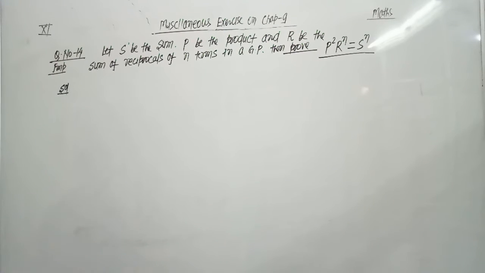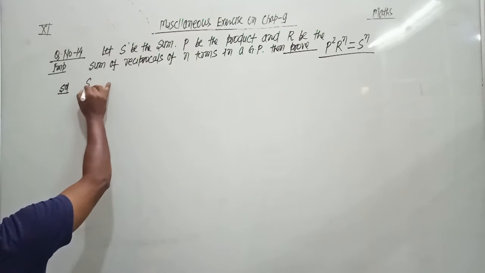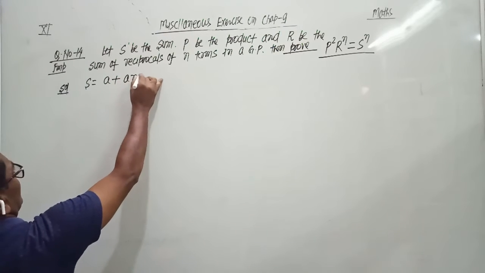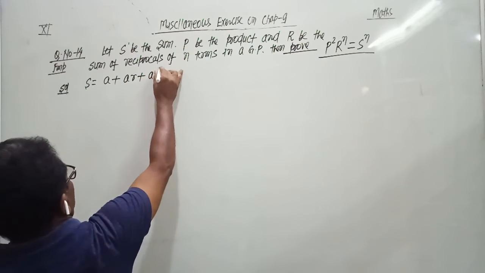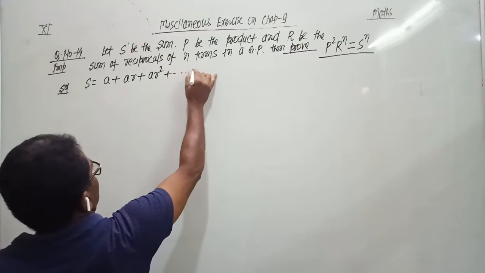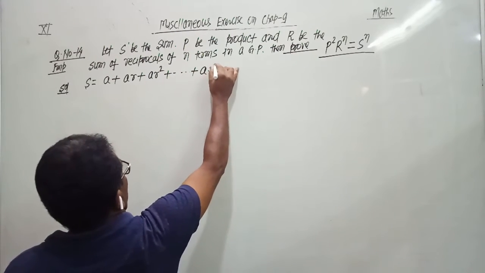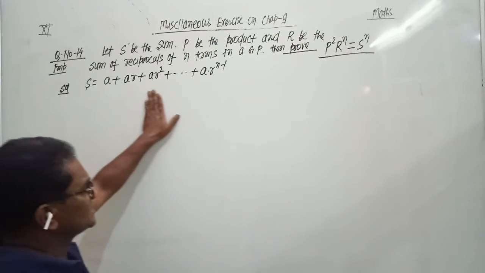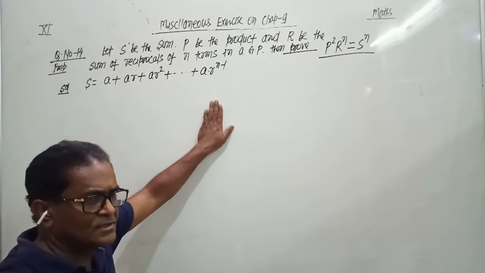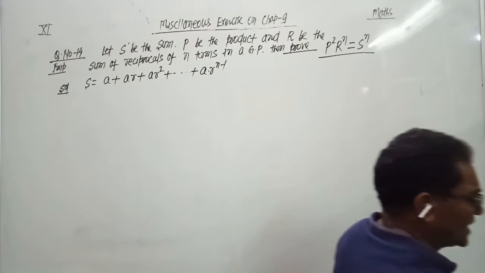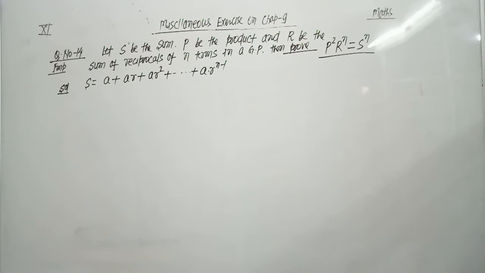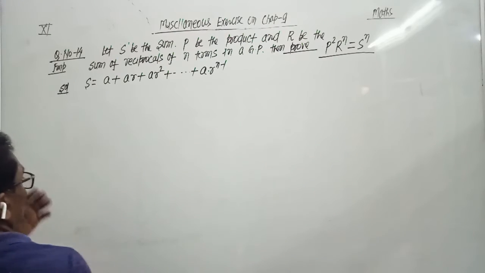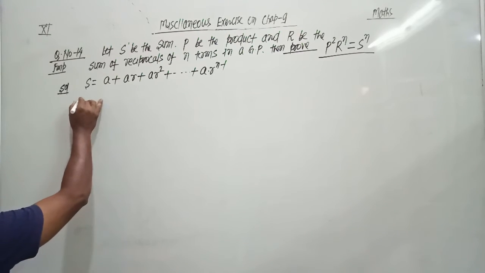So S equals a plus ar plus ar squared plus up to a into r raised to the power n minus 1.